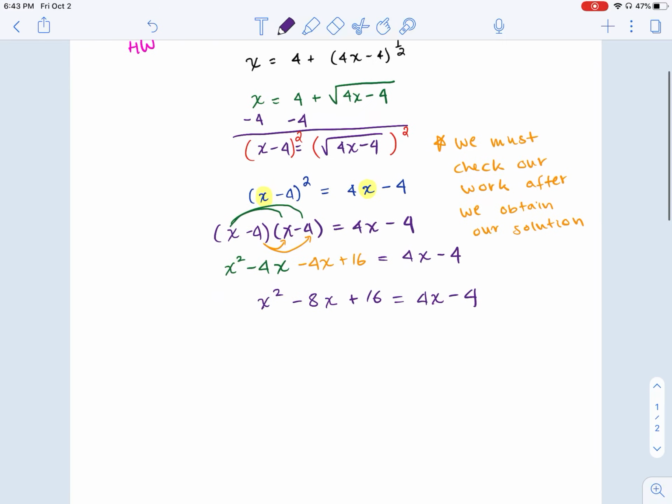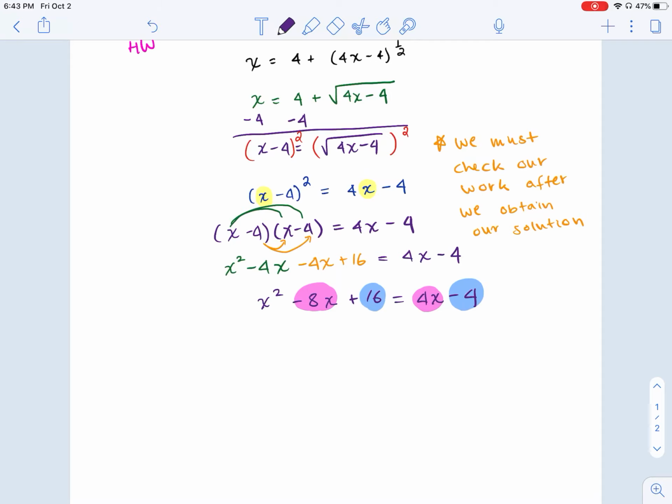Alrighty, so now I'm going to combine all the like terms I can. I see that I have negative 8x here and 4x. I also see that I have 16, a constant, a term without a variable, and I also have negative 4.